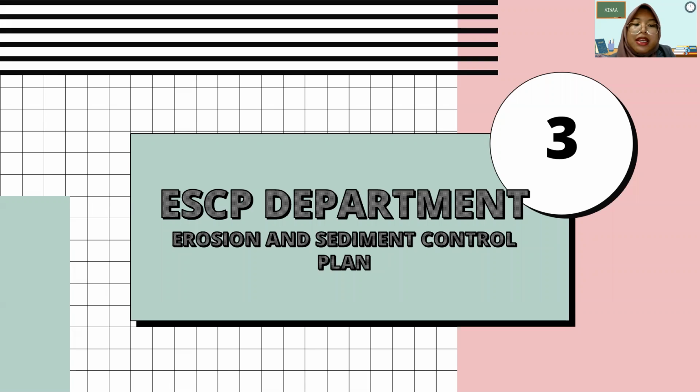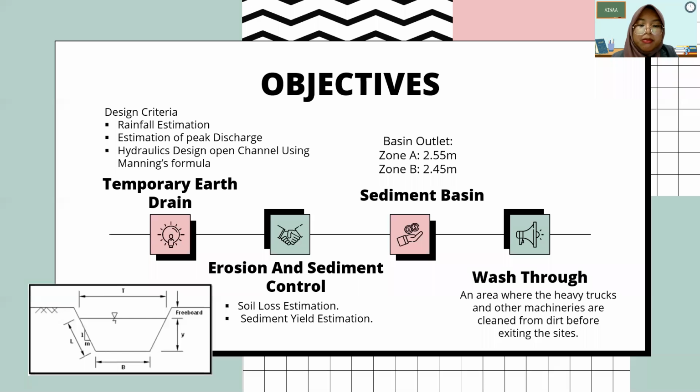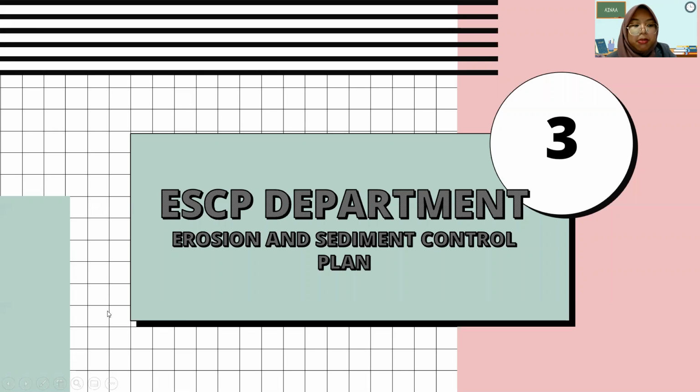So the last department will be the ESCP department, Erosion and Sediment Control Plan department. Before that, let me briefly introduce what the ESCP department is. Erosion and sedimentation are natural processes. They also result from earthwork, which requires deforestation, cut and fill activities.